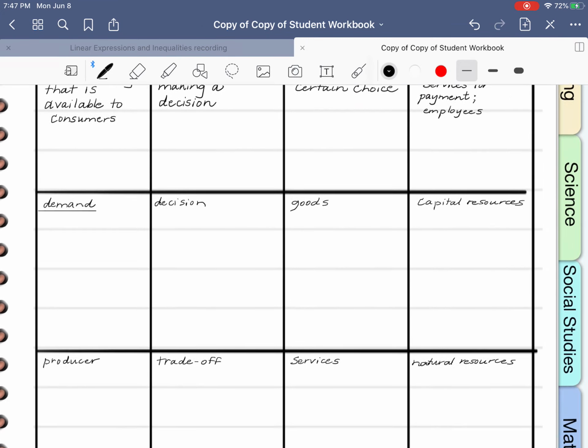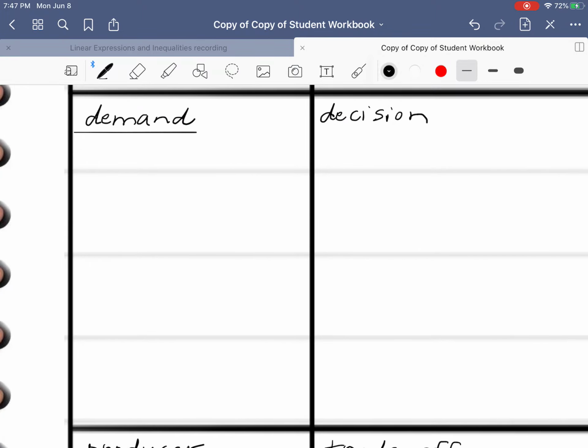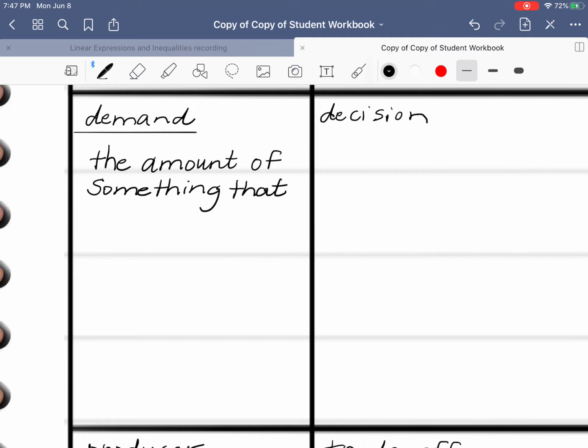Let's go back to our toilet paper example. The demand for toilet paper has been high. It is the amount of something that consumers want.